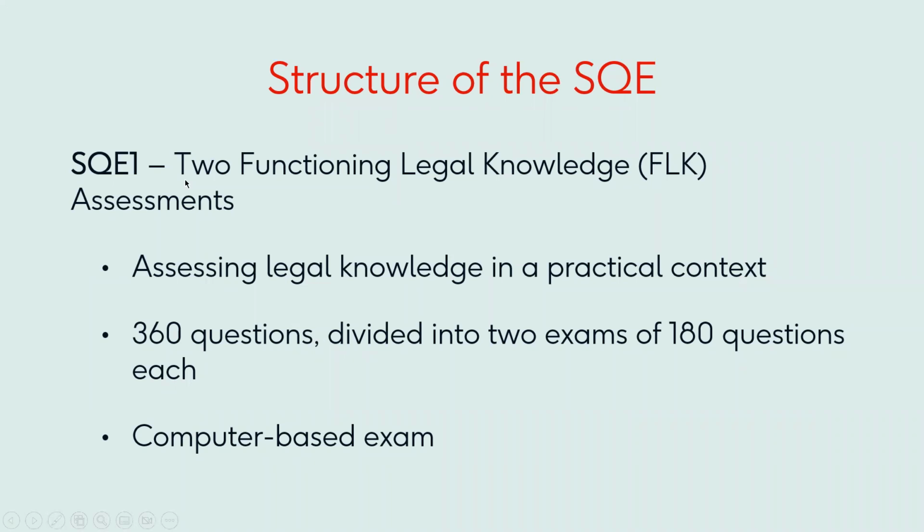SQE1 consists of two functioning legal knowledge assessments, FLK1 and FLK2. They are designed to assess legal knowledge in a practical context, consisting of 360 questions, divided into two exams of 180 questions each, and they are, of course, computer-based exams.